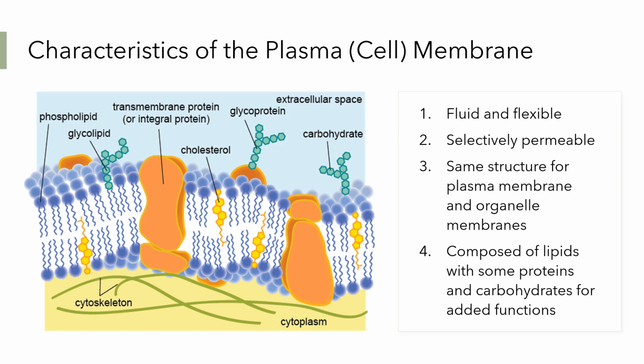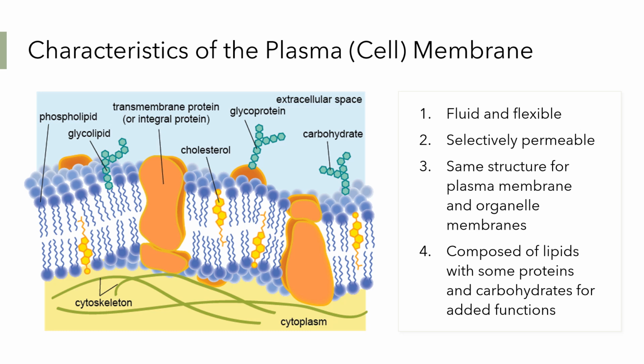So our cell membrane has 4 main characteristics. It is fluid and flexible, and by fluid we just mean all the pieces move around easily. We're not talking that it's a liquid. Number 2 is that it's selectively permeable.